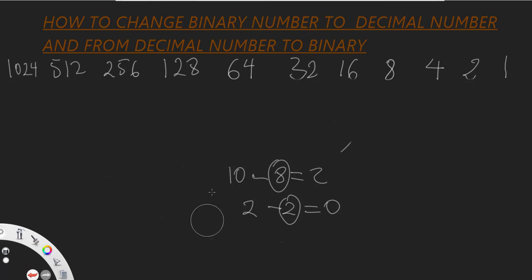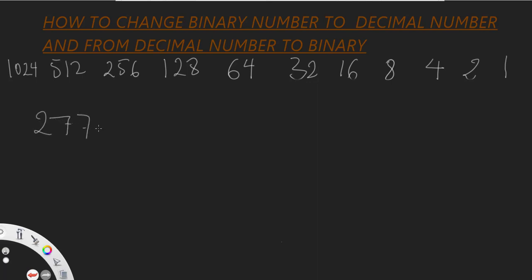Let's say you have 277. That can be our last example, 277, which is a decimal number. We need to change it to a binary number.